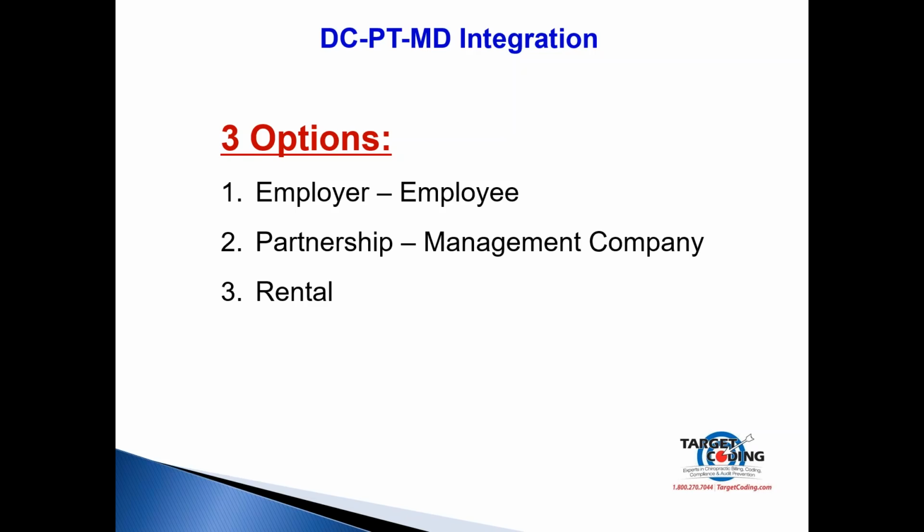Next, you have a partnership. So you may want to join forces. For example, in some states, chiropractors cannot employ MDs or PTs, but you can go into a partnership and form a partnership. Sometimes it's called a PLLC, Professional Limited Liability Corporation in certain states. You have to check with your accountant and attorney on that, and you could become partners.